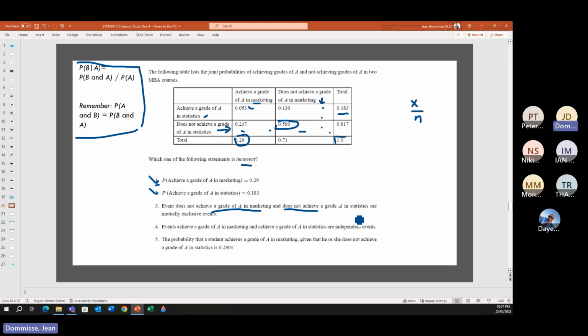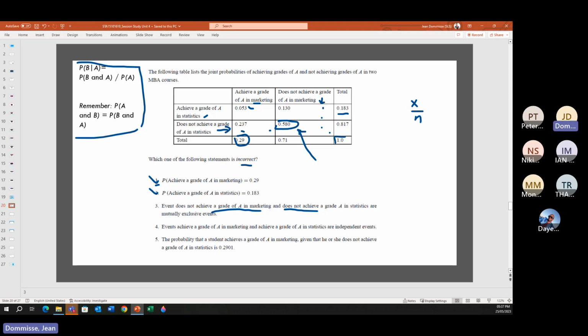Okay, so are they mutually exclusive? What should that value be if they were mutually exclusive? Okay, so if they were, great, Ian.